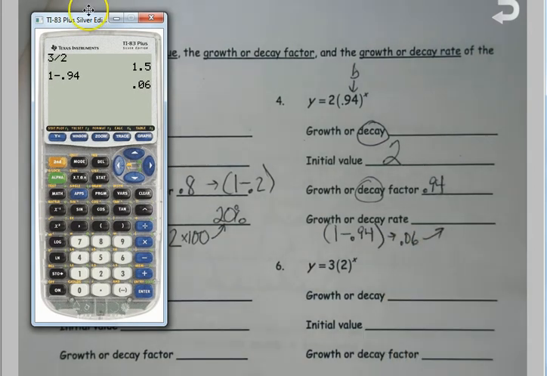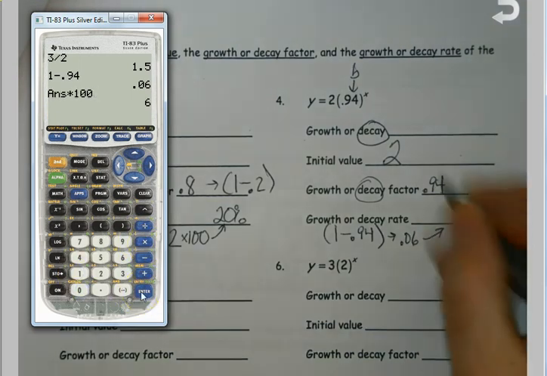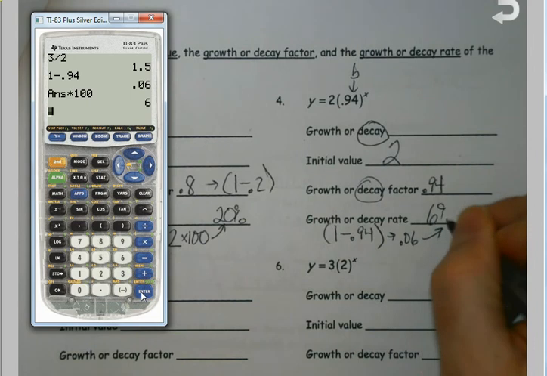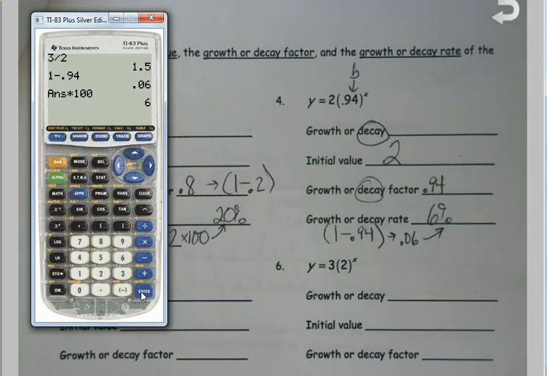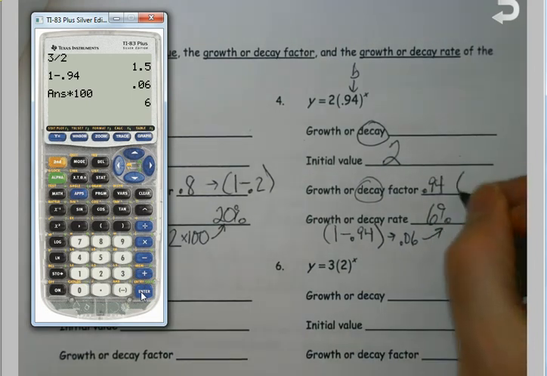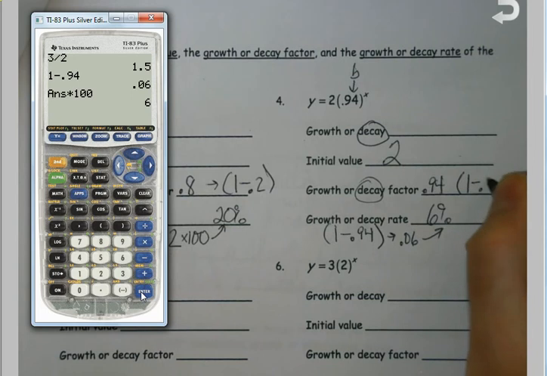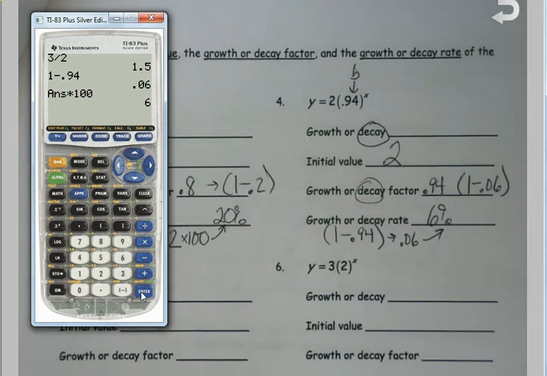But I want that turned into its percent form, so I'm going to times it by 100. So my decay rate is 6%, because this was 1 minus 0.06, but I don't get to see that right away. So you may have to keep this handy when you're doing the first few of these, just to remind yourself how this is going to work.